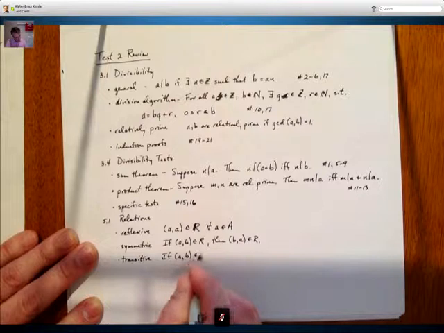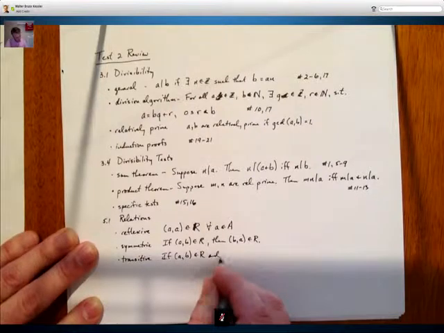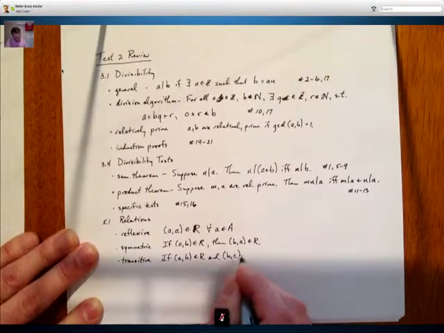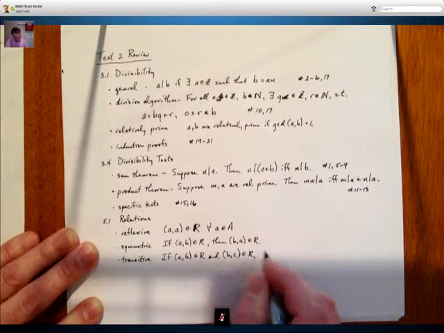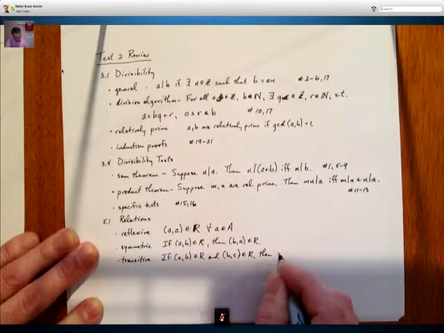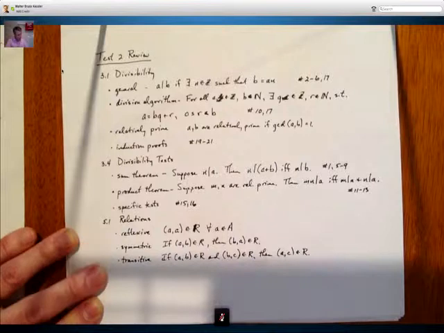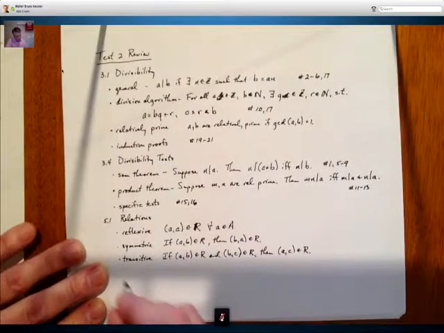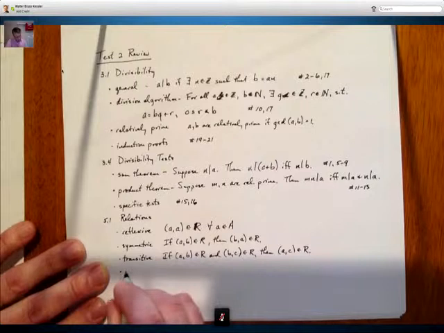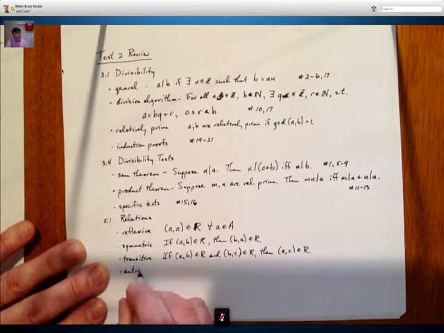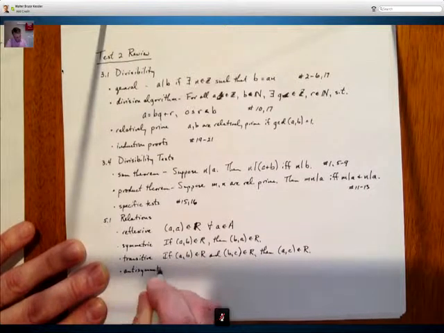If you've got (a, b) in there and (b, c) in there, then you've got to have the shortcut (a, c) in there. That's what we mean by transitive. And then there was also a property antisymmetric.